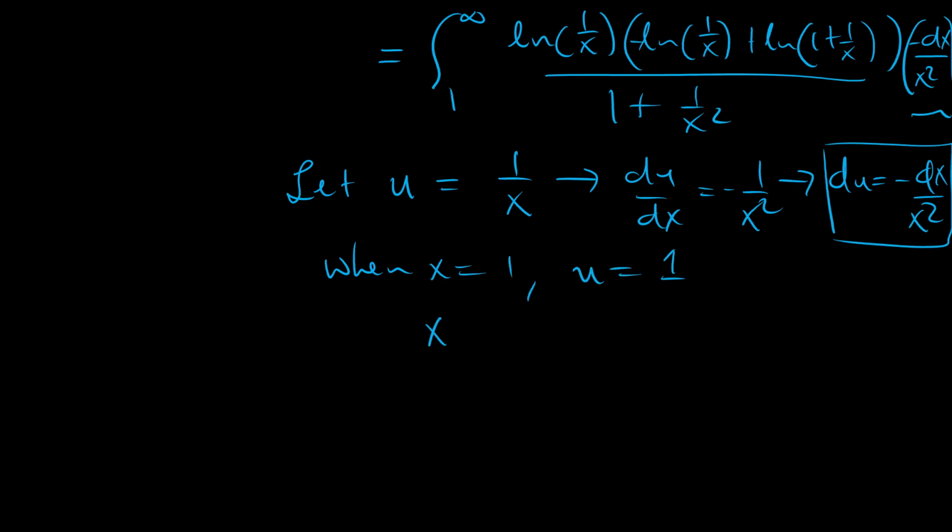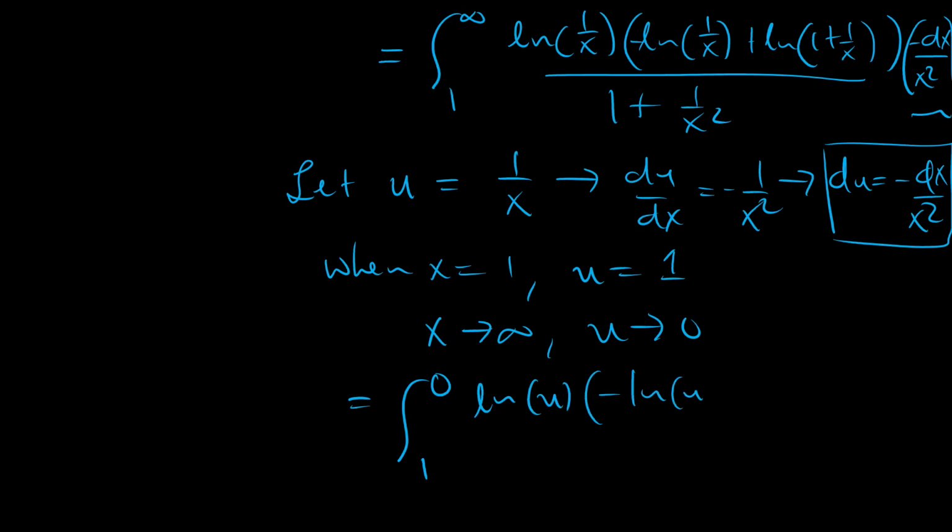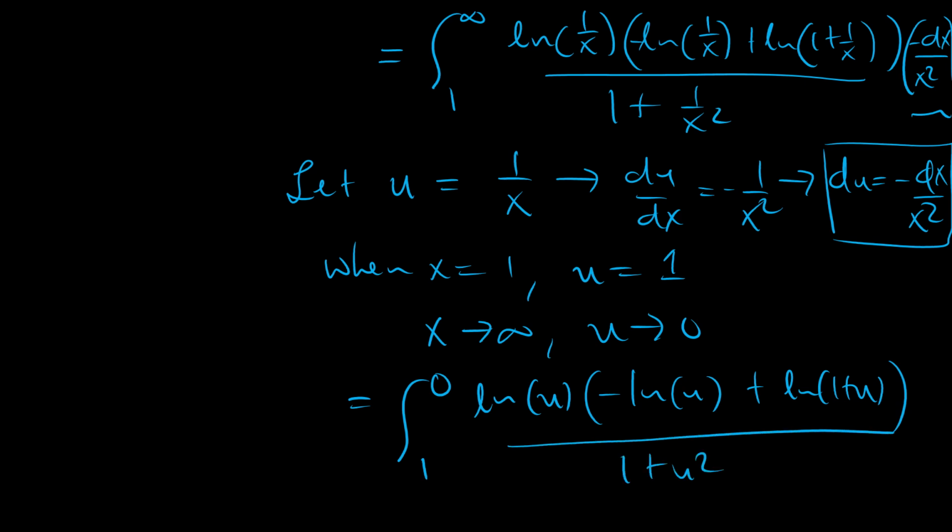When x tends to infinity, u tends to 0. So therefore, our problem becomes 1 to 0 of ln u times negative ln u plus ln of 1 plus u over 1 plus u squared du.